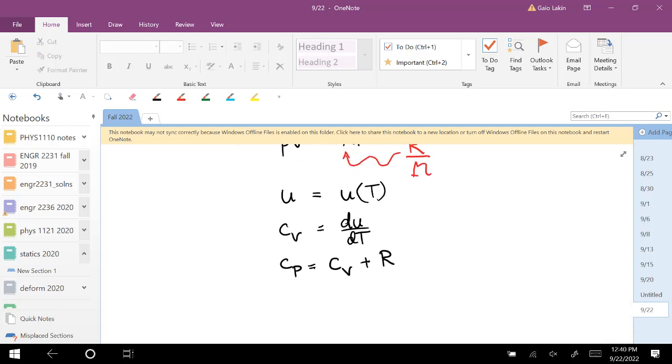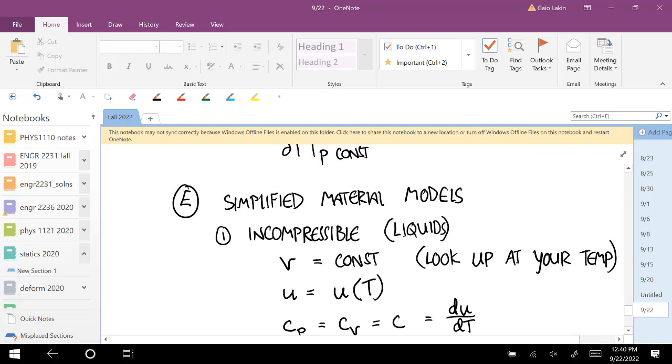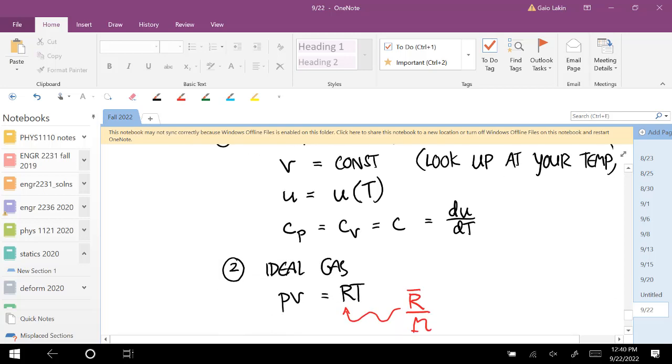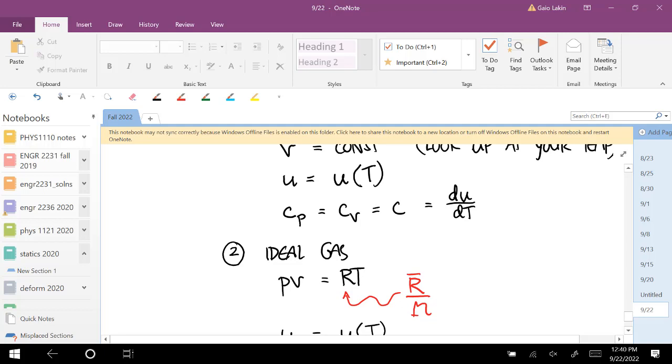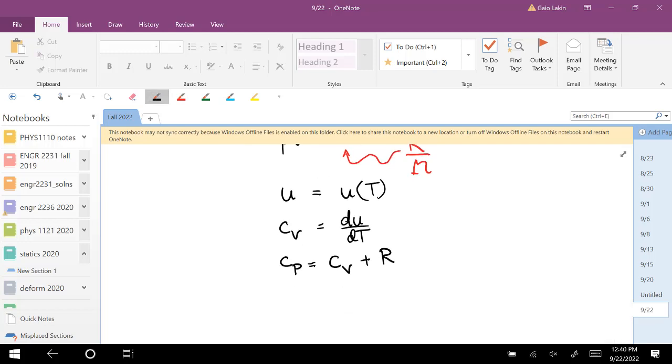So ideal gas law, and then we are into simplify incompressible. Let's see. Incompressible, ideal gas. Yeah, we went over conservation of mass next, wasn't it? Yeah, well, in a second we'll get to that.